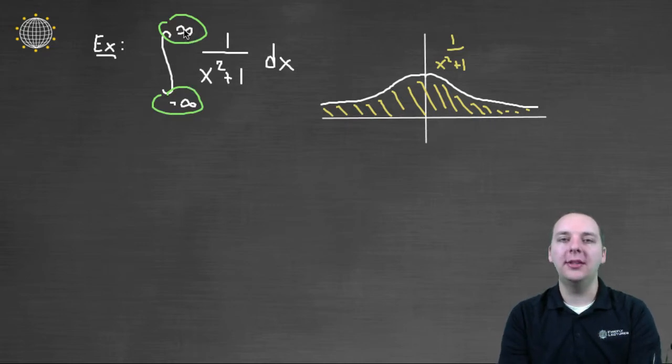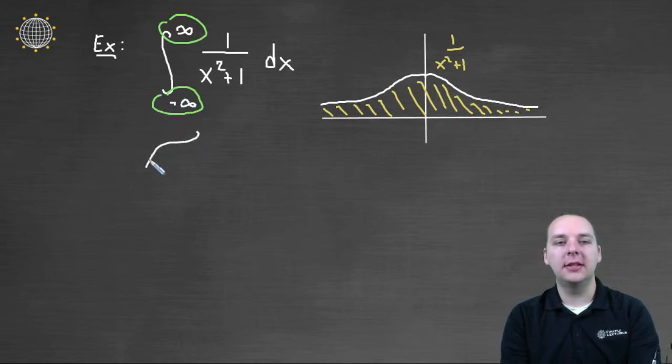Now, I know the typical trick when you have infinity as one of the limits of integration, then you make up a limit as like b goes to infinity, and then only integrate up to b or something like that. But here I've got an issue of having two infinities. And so this is a common trick when you have negative infinity up to infinity.